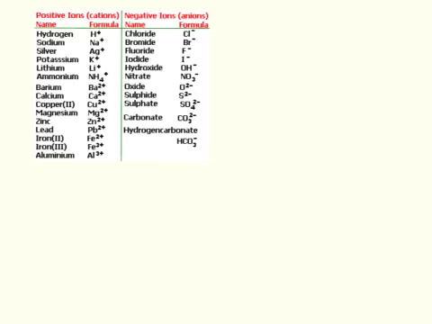Okay, so the next one is calcium hydroxide. Calcium is Ca2+, hydroxide is OH-. So calcium, write down your symbols, Ca2+, hydroxide, OH-. Step 2, write the symbols down without their charges. Alright, swap and drop time.